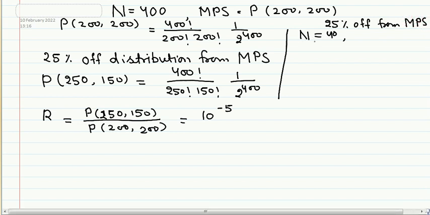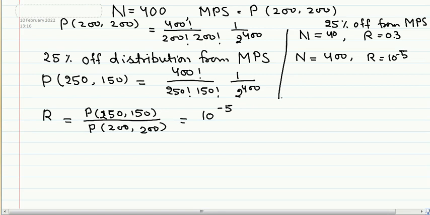When the number of particles is only 40, the relative probability is 0.3, and when the number of particles is large, that is 400, the relative probability is 10 to the power minus 5. It means that the larger the number of particles in the system, the smaller the relative probability, or the smaller the fluctuation.